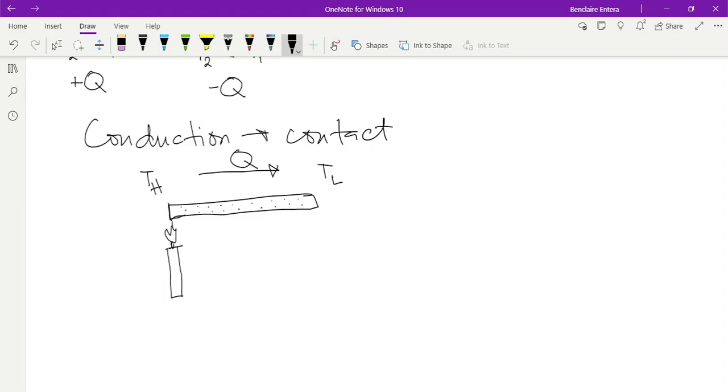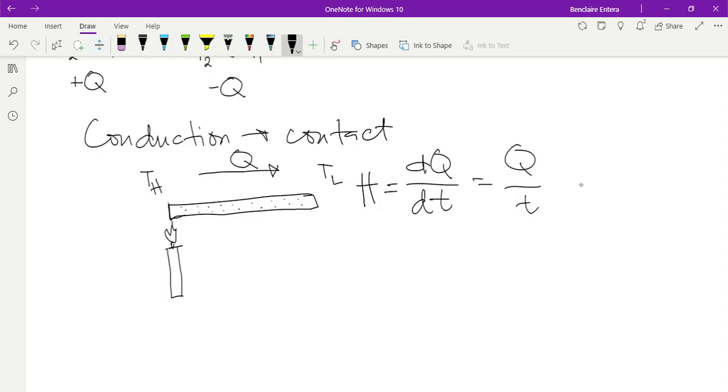Now the amount of heat that is transferred should be the amount of heat transferred per given time interval. Kaya ang tawag natin dito ay heat current, the amount of flow per given time. So we have dQ over dt, or you can simply write this as Q over t.